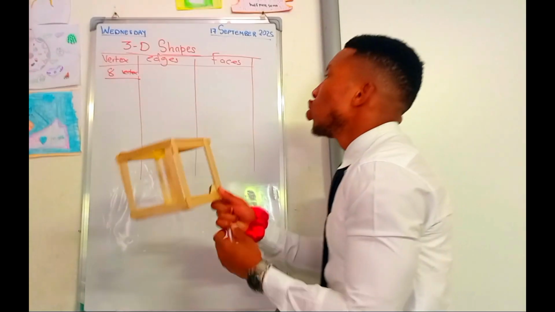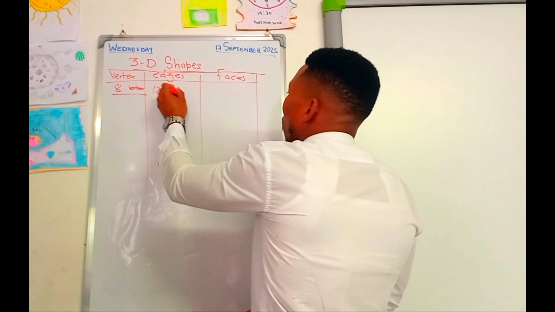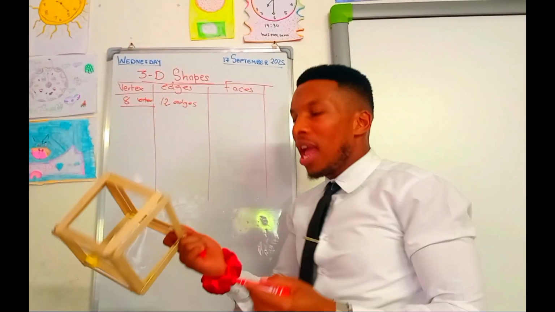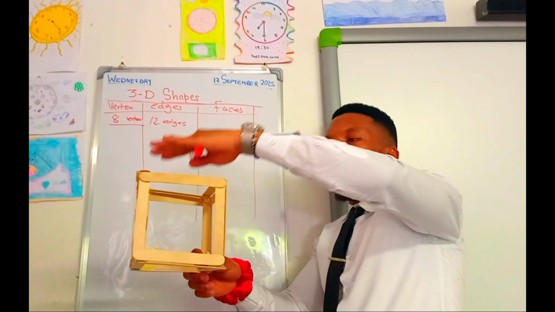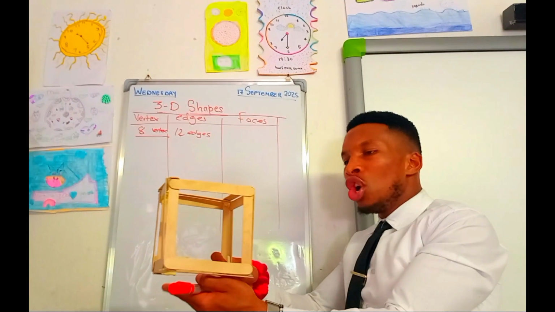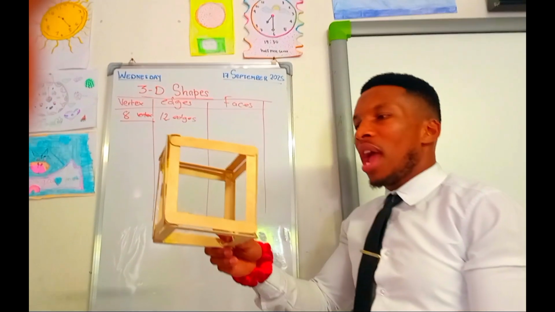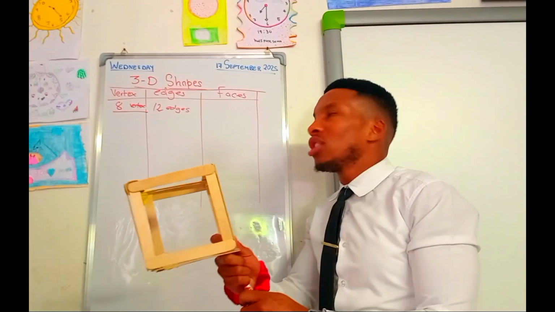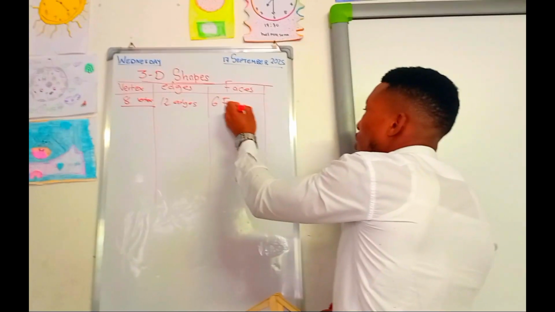Then we have 12 lines, so we need 12 edges to make a cube. Alright. Then how many faces? We have 1, 2, 3, 4, 5, and 6. We have 6 faces on the cube.